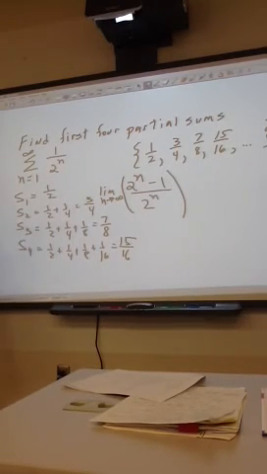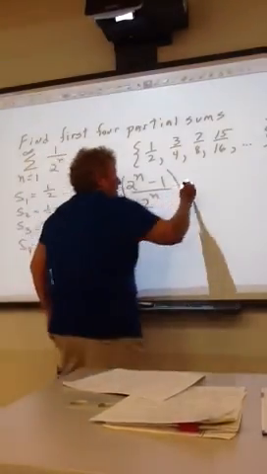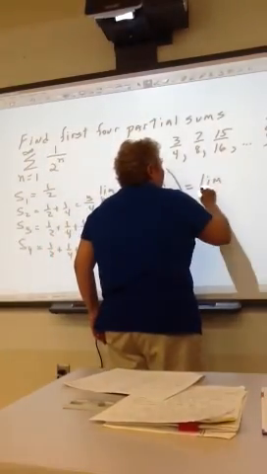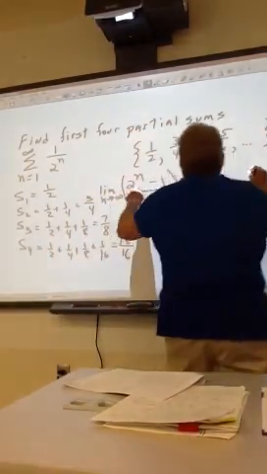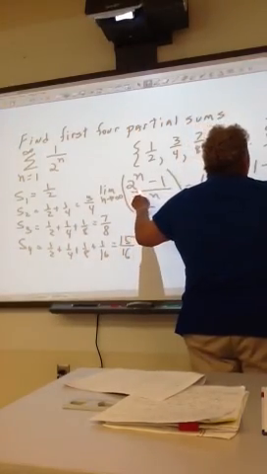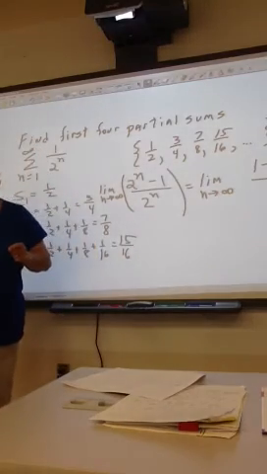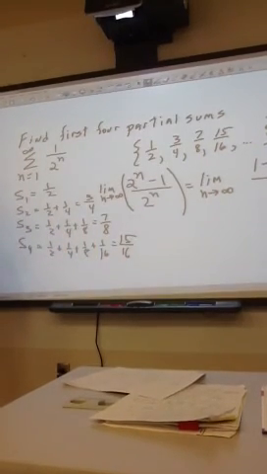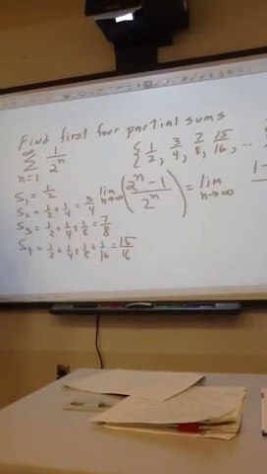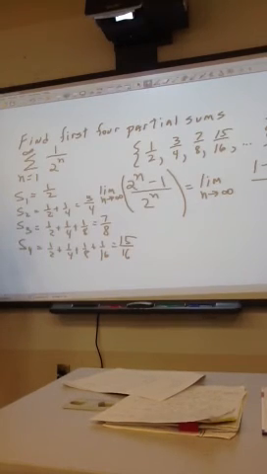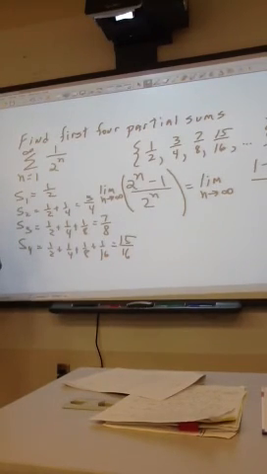If we divide through by 2 to the n, that'll be a 1. And now it's easy. Well, maybe it's easy. 1 minus 0. 1. So 1.